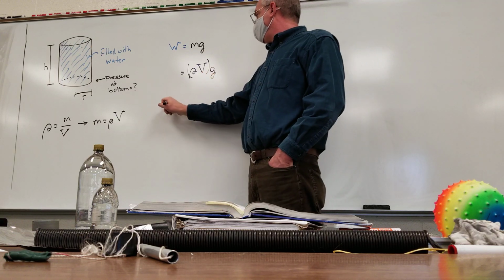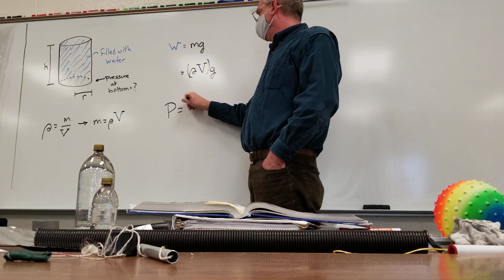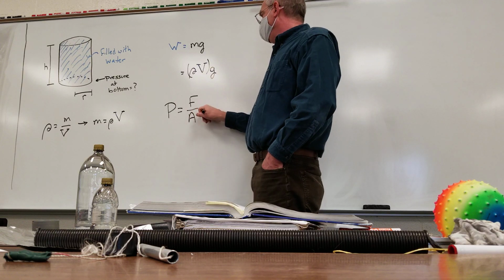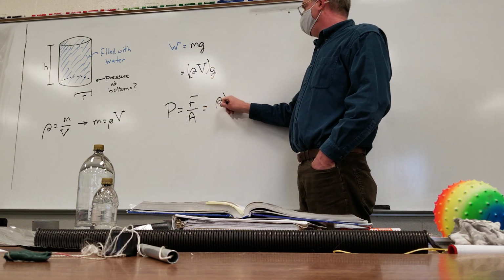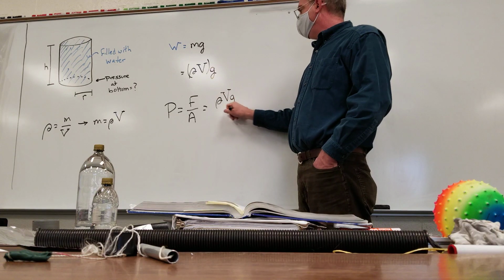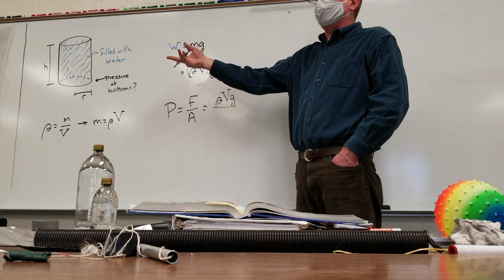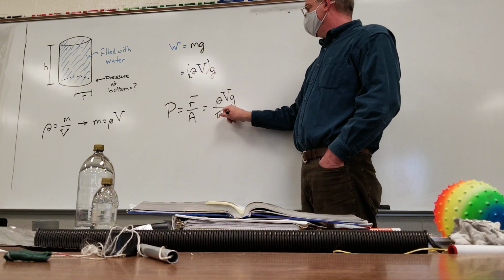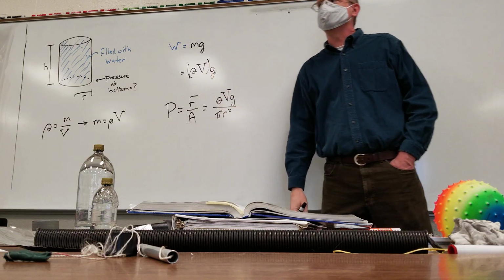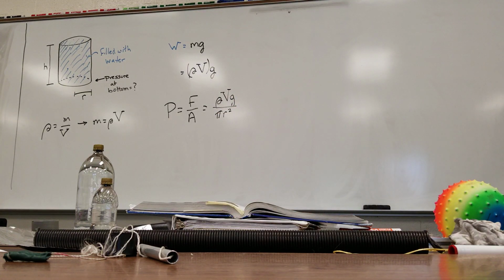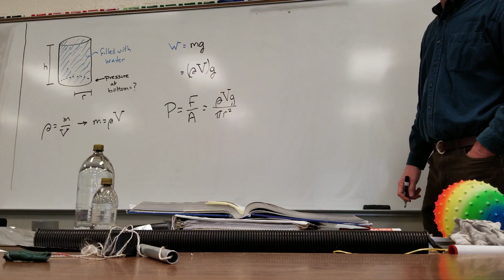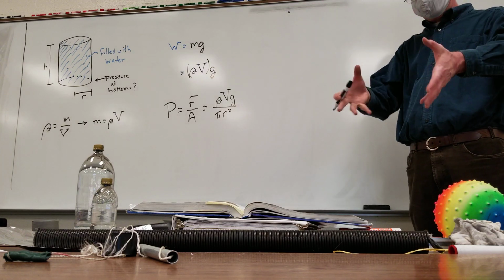And so the pressure, as talked about earlier, is force divided by the area. So it's just rho Vg divided by the area of the bottom, which is just pi r squared. So as long as you accept the fact that this water does create a pressure down on that.